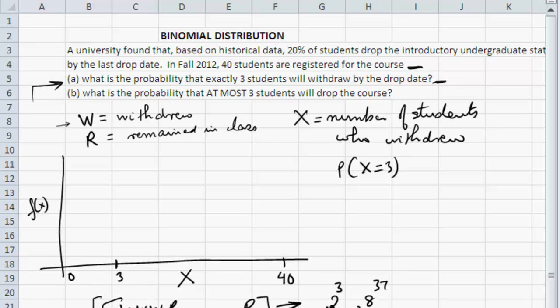Fortunately, there's a built-in function in Excel to calculate this for us. We don't have to do this manually. So let me show you what that would be.